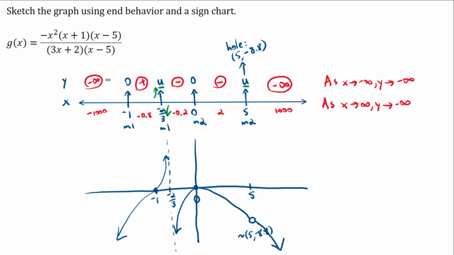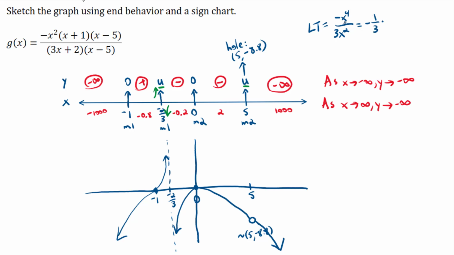Now, how can you get the rest of this without using a calculator? Well, you can get the end behaviors by looking at the leading term. If you multiply out the top, you get negative x to the 4th. If you multiply out the bottom, your leading term is 3x squared. And if you simplify that, your coefficient is negative 1/3, negative 1 over 3.